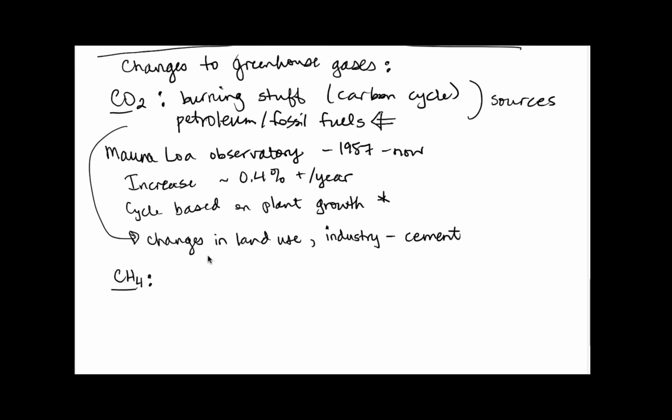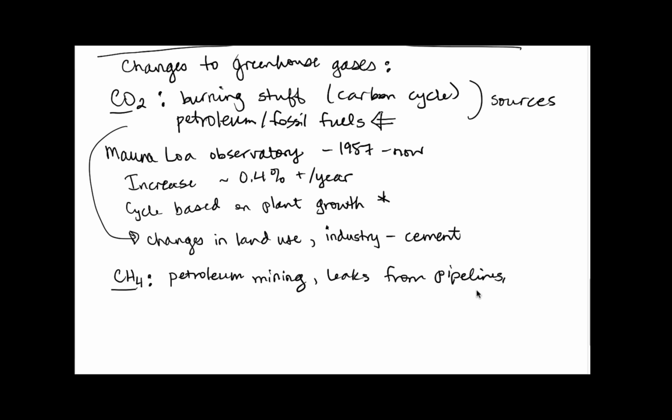Okay, so methane. This is released during petroleum mining. There are usually some natural gas pockets present in any kind of mining that's going on. So if you have the heavier petroleum in there, it also leaks from natural gas pipelines.